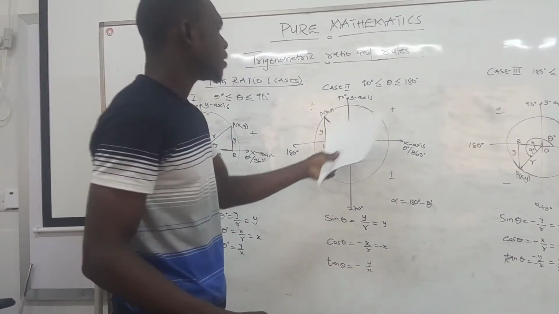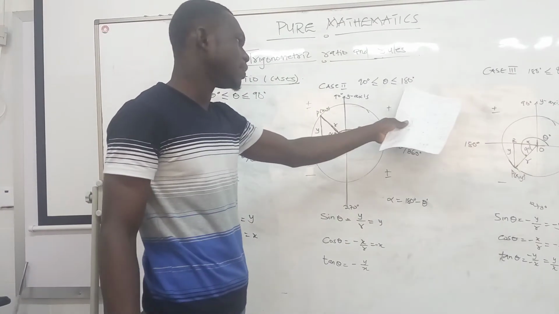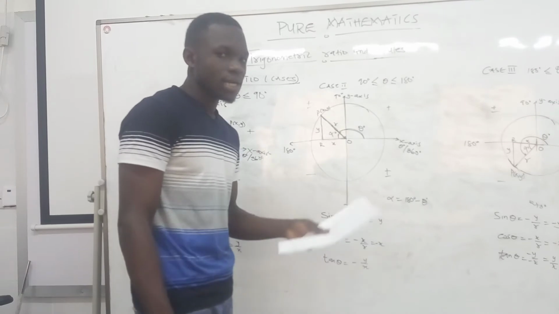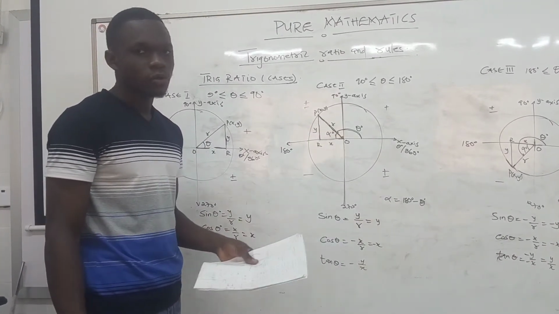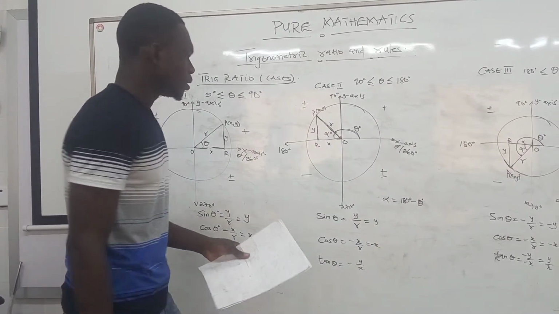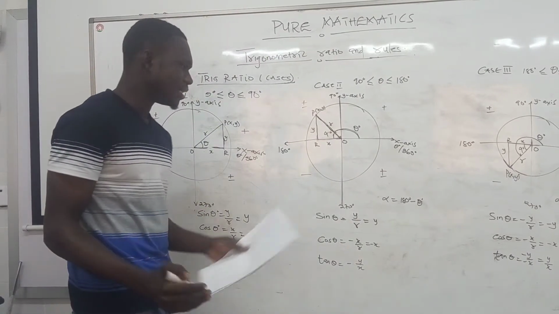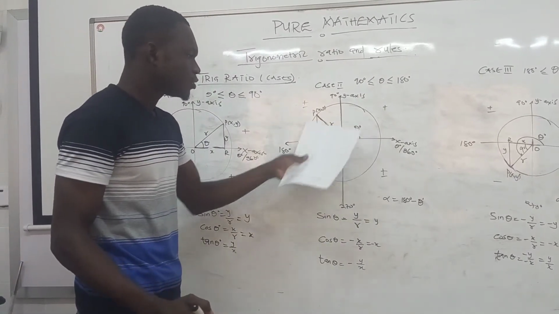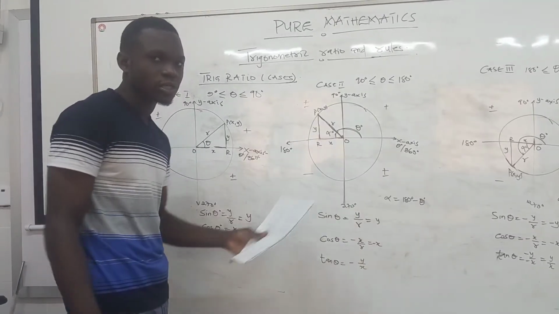With case 2, it's an angle that falls between 90 degrees and 180 degrees. And you remember that such an angle is called an obtuse angle. And this is the angle theta. Now, as I said earlier, trig ratio has to do with the side where the right angle triangle is formed.